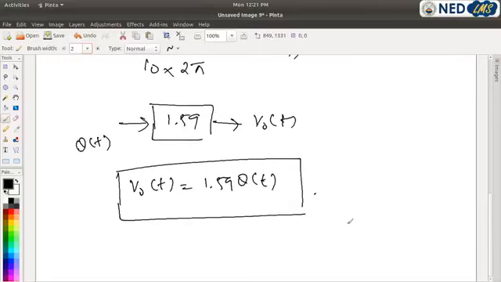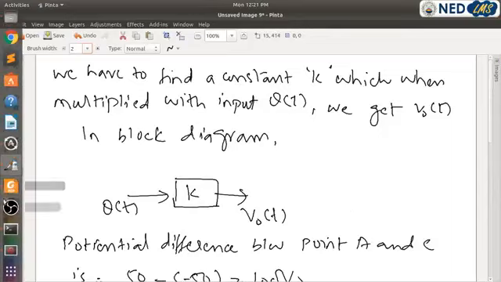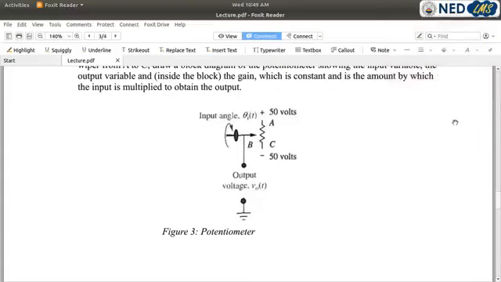So this is the answer of our case study. Now let's move on to the second chapter, which is modeling of a system in the frequency domain.